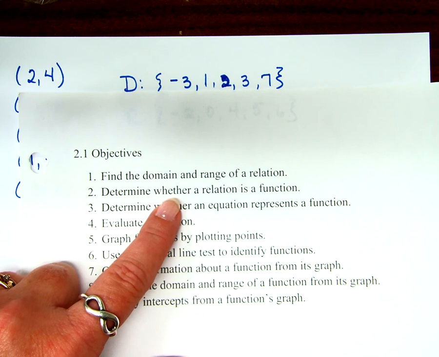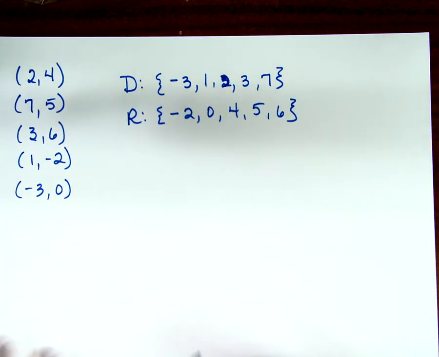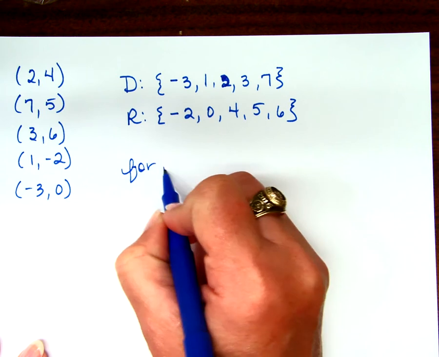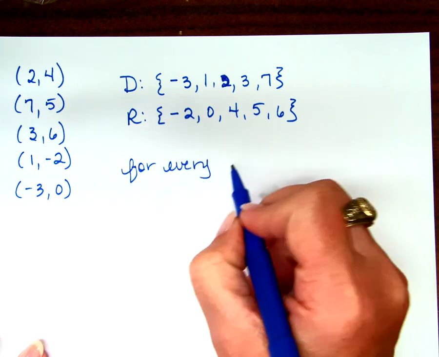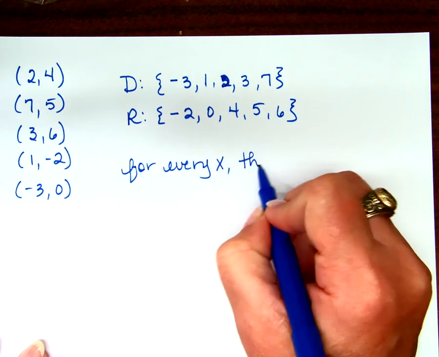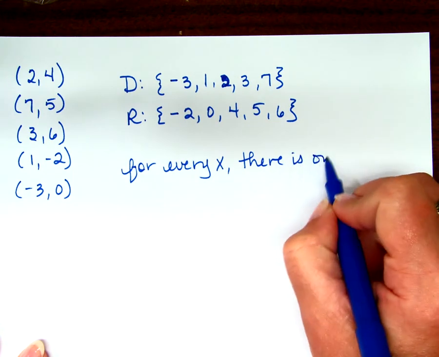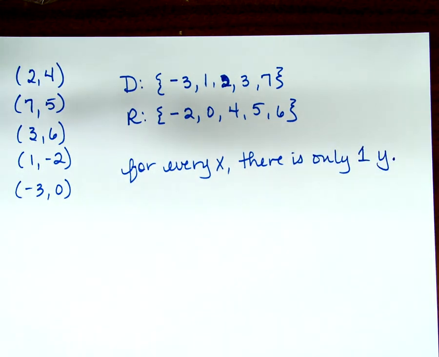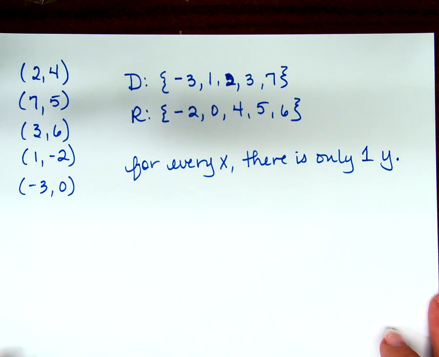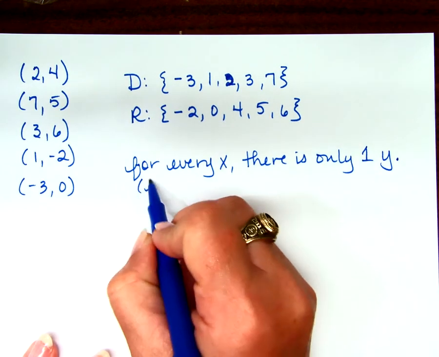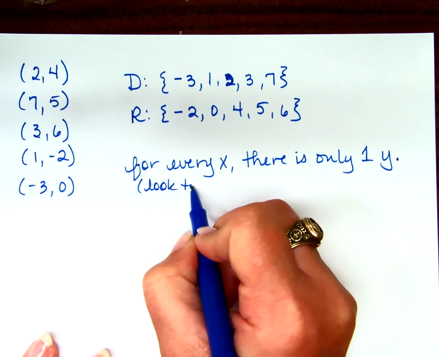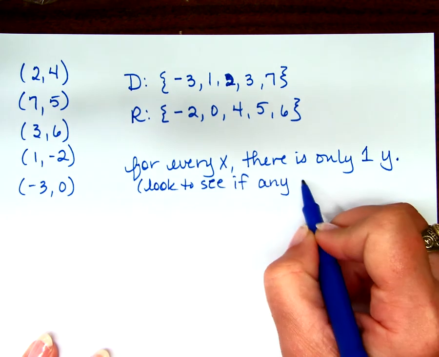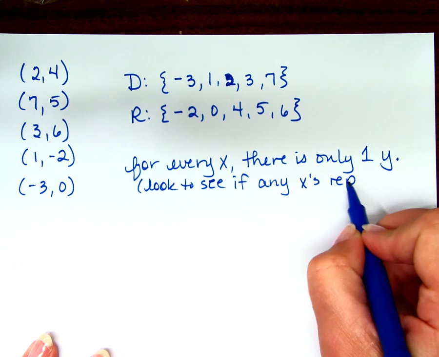Okay, then while we're here, let's determine whether this relation is a function. There's a rule. You know this rule, yes? For every x, there is only one y. So the hint is look to see if any x's repeat.